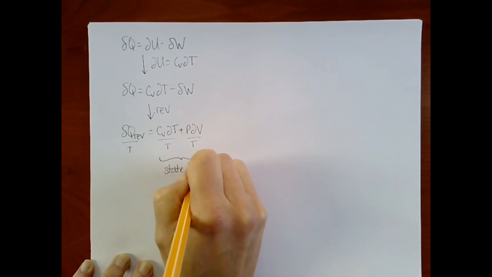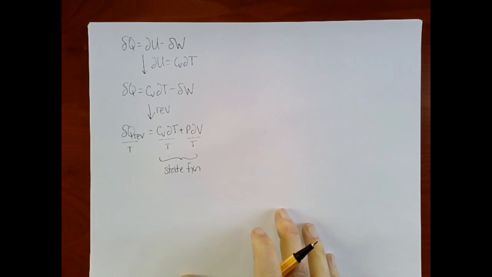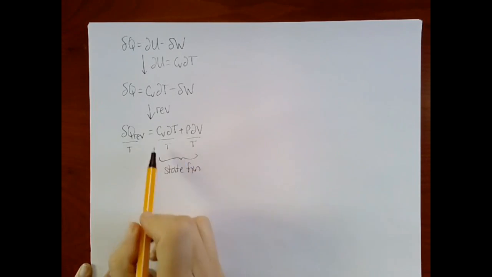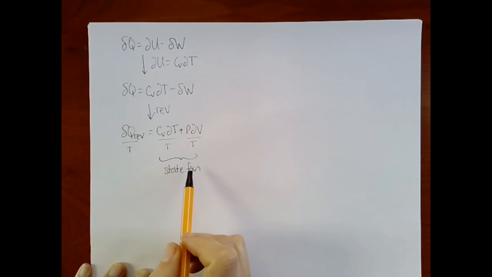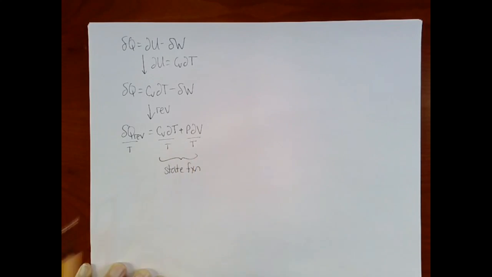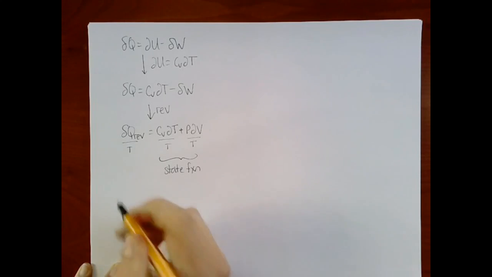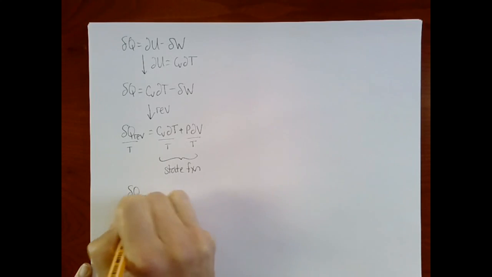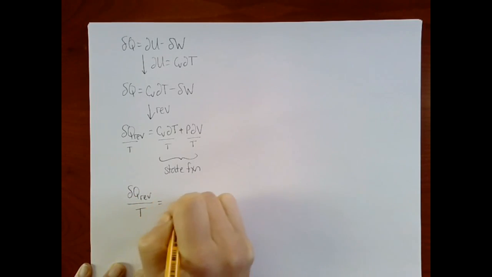And so just like we did with enthalpy, where we noticed there was a convenient grouping of state functions and we decided, well, maybe we should name that another state function, that's the same thing that's happened here. There is some other state function that is changing differentially on this side of the equation. And this is where our definition for the thermodynamic entropy comes from.